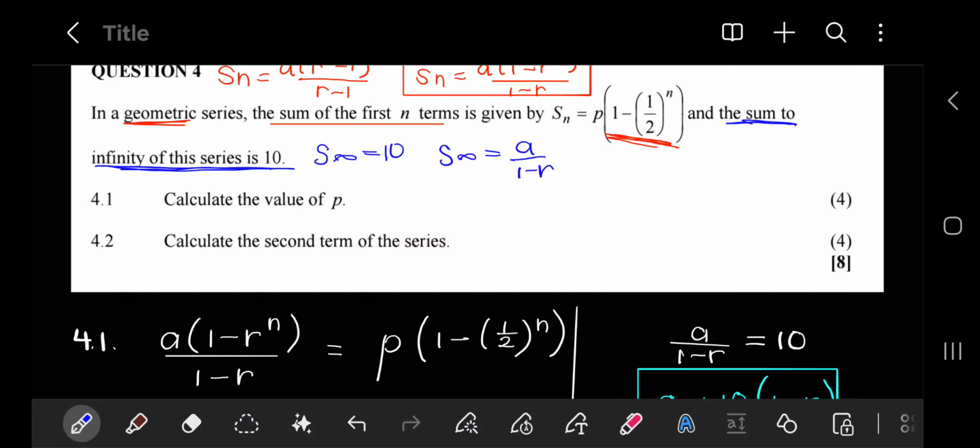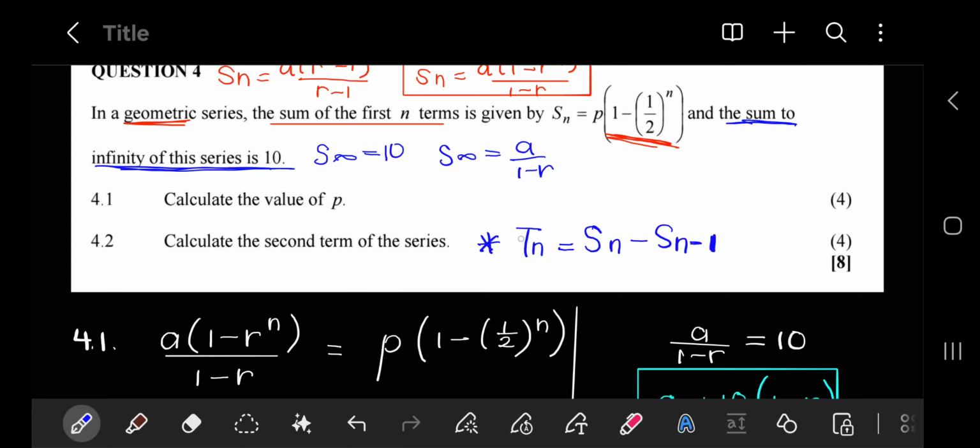So something worth taking note of is that if you've got a sum formula, but you need to calculate a term. This is just a general method: whatever term you want to calculate using the sum, it would be the sum of that many terms minus the sum of n minus 1.